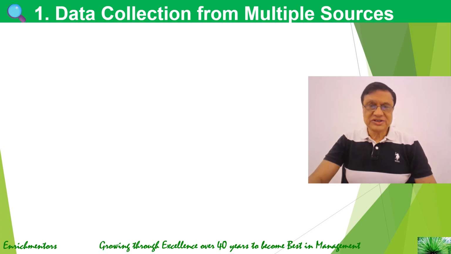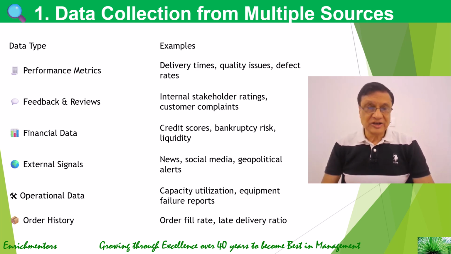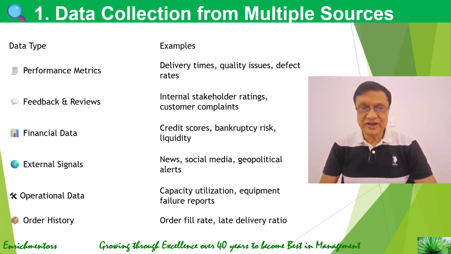It starts with data collection from multiple sources. AI gathers structured and unstructured data from a variety of sources. You collect performance metrics like delivery times, quality issues, defect rates. You take a look at the feedback and reviews from internal stakeholders and customers.